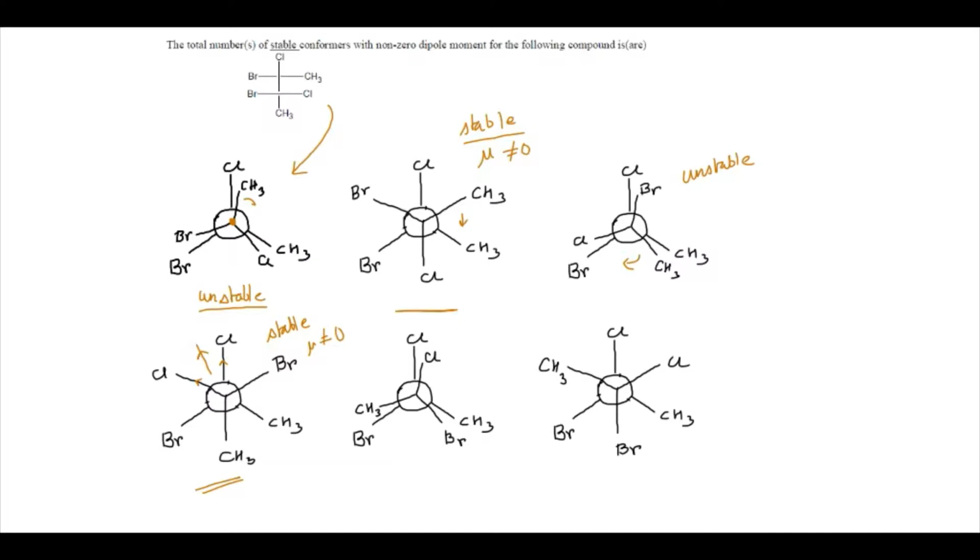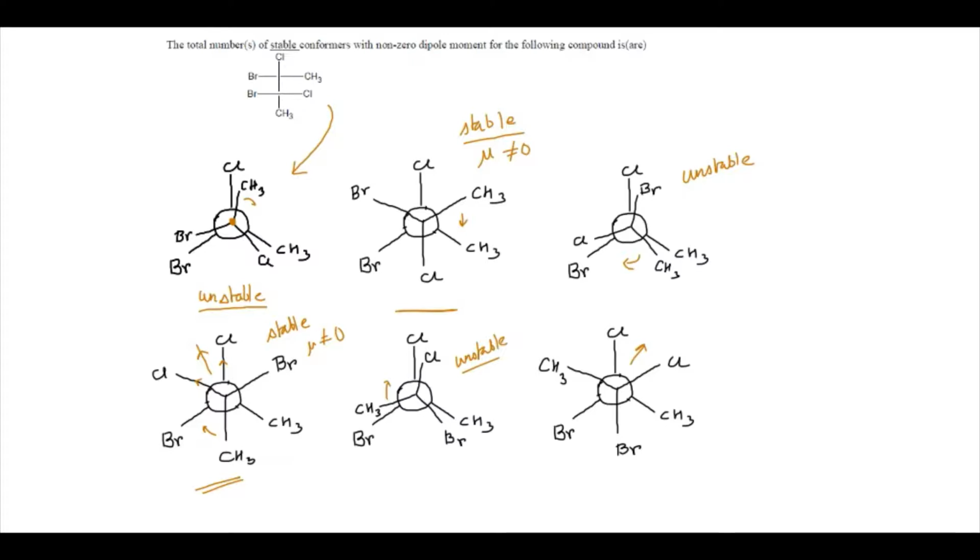Here again, if we rotate this 60 degrees, then again we will get an eclipsed conformer which will be unstable, so we will not consider this. Then again, if we rotate another 60 degrees, we will get a gauche conformer, that is, the atoms will not be eclipsing one another, and of course there will be some dipole moment.